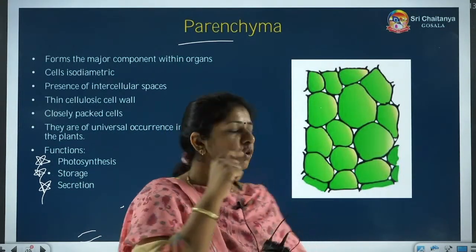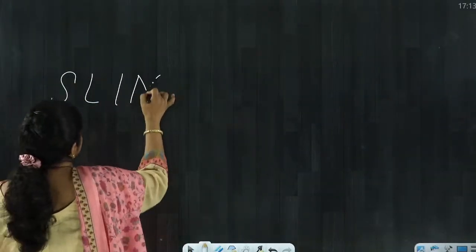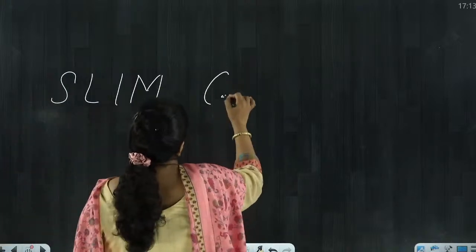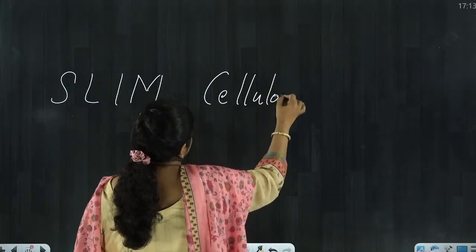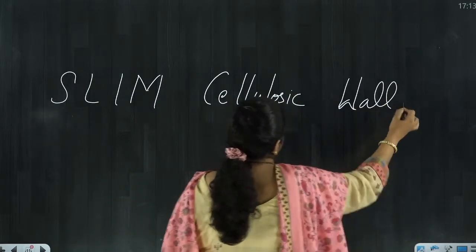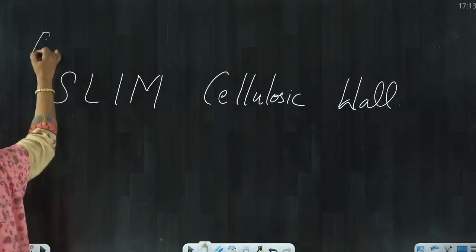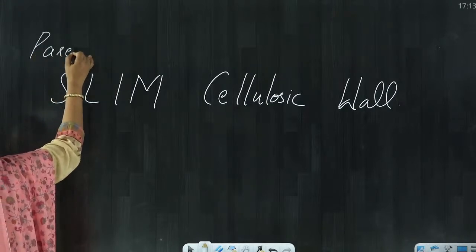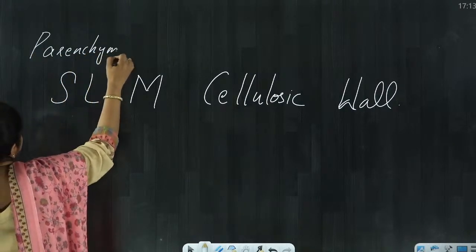If I write SLIC-M, slim cellulosic wall, these are indirectly telling you about the features of parenchyma.